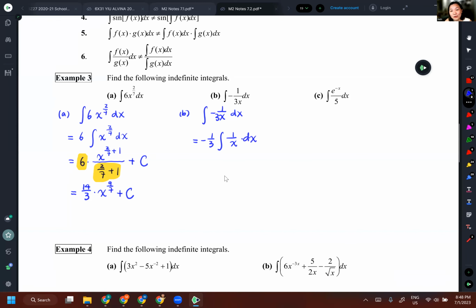Now, this is the first time we use formula C. To use formula C, you just remember to write log and don't forget the absolute value sign. Is that okay?